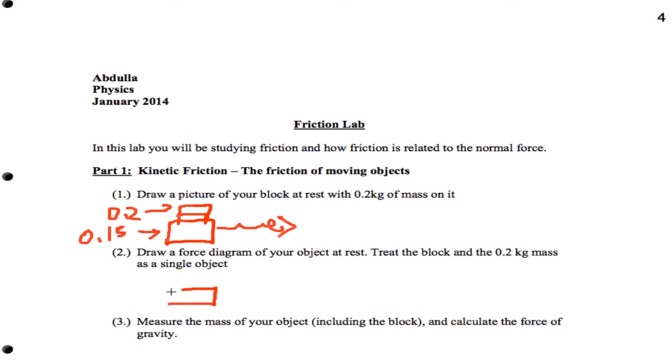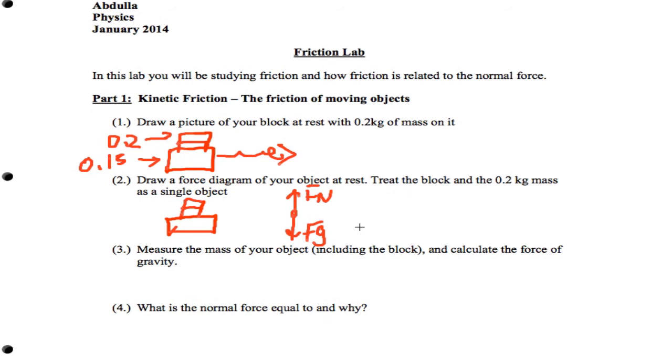When I've got this whole setup here, and I want to get the force diagram, I'm going to have the normal force, and I'm going to have the gravity force, or the weight. And so when I calculate the mass of this whole thing, I'm going to end up getting 0.2 plus 0.15, which is going to be 0.35 kilograms of mass.